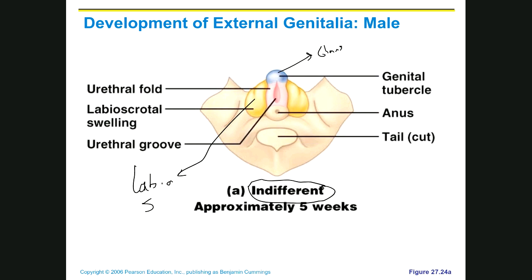We don't know which it's going to become. And look, there's an opening right here. That opening could stay open or it could close. We don't know which is going to happen. And so it's this testosterone that's going to make the difference.